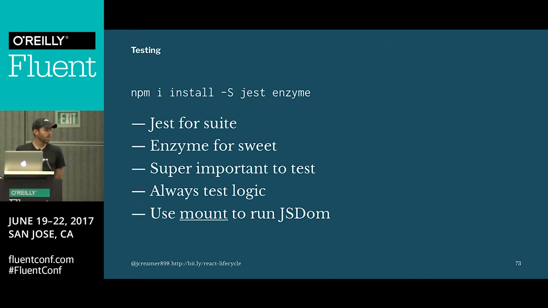because the fine folks, Leland Richardson and others at Airbnb, once again, have put together an amazing library for us called Enzyme. Enzyme is a renderer for React components in unit tests. It does a shallow render, so it won't go down the DOM tree really far. It just does a nice little shallow render so that you can check against things.